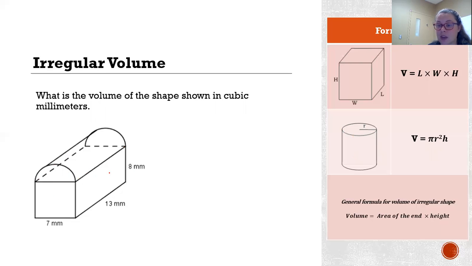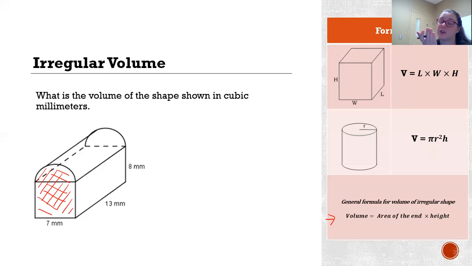the top. Now we're going to use the formula down here, where volume is equal to area of the end times height. Now the area of the end is going to be the end that's the same shape the whole way through. So we're going to take this end here. If I took the bottom, as I cut slices on my way up, when I get up to this semicircular spot, I'm going to be in trouble because I'm not consistently getting rectangles.